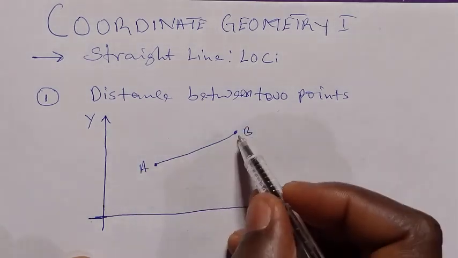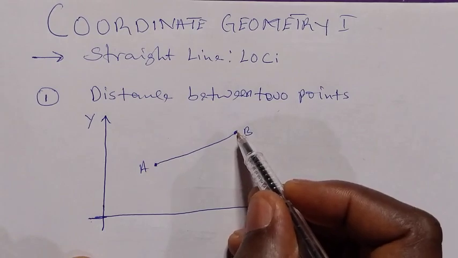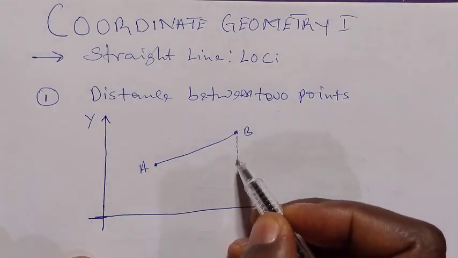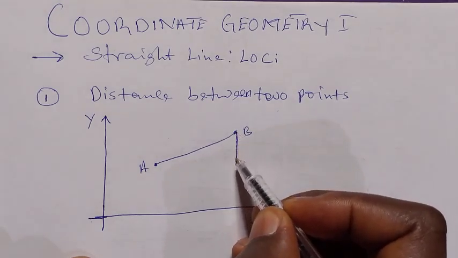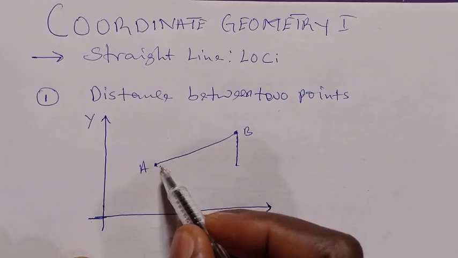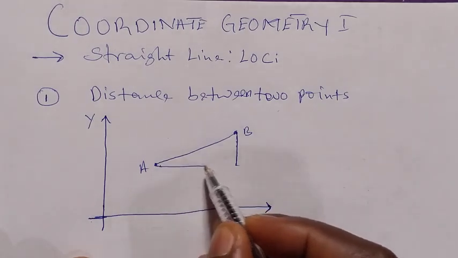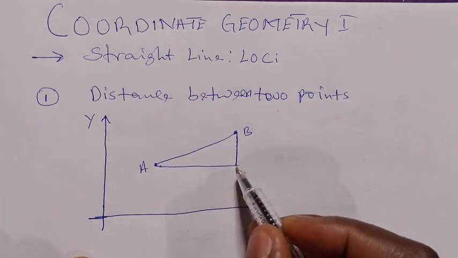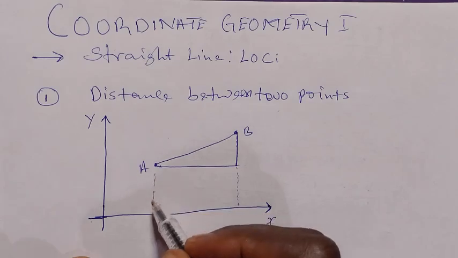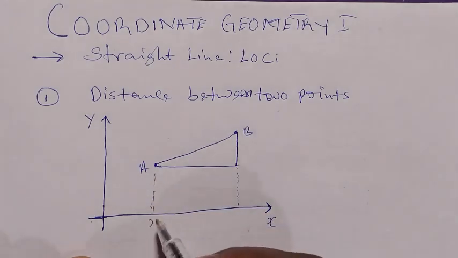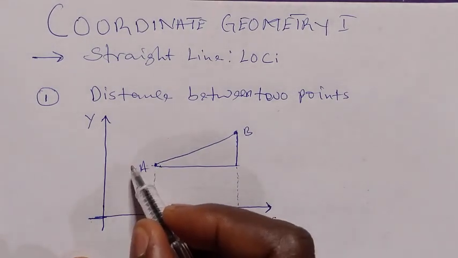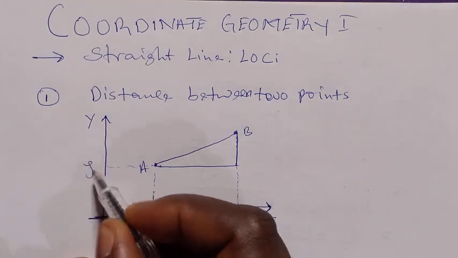So you see here, we can draw this down, so that we have a straight line or broken line, whichever one. Then we'll have also another broken line or thick line. From here to here, this is x1, to here, this is x2, and then this one is y1.